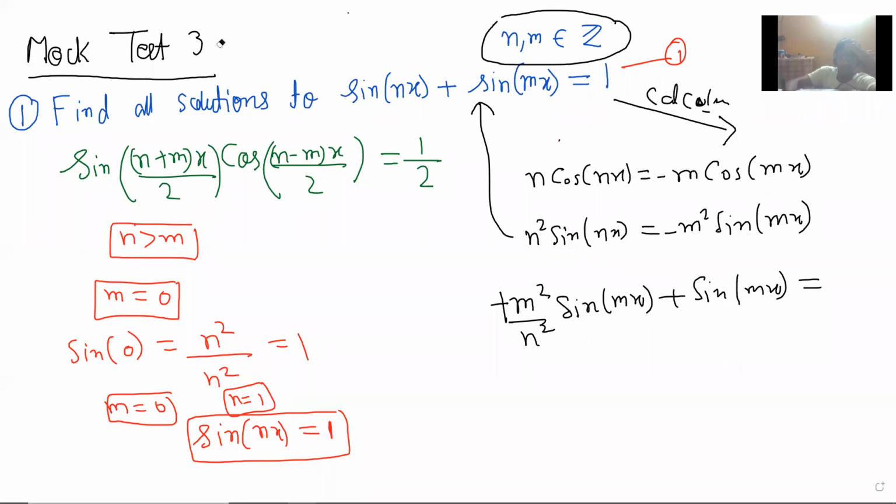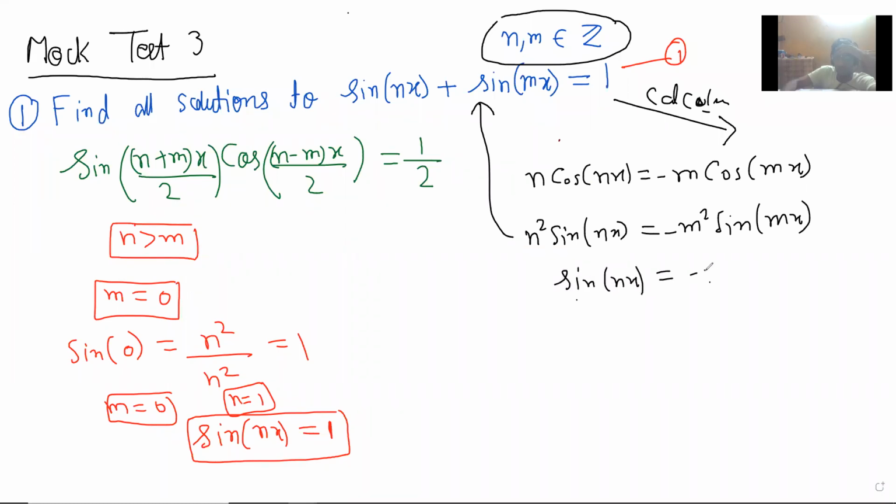No, wait. So why is it wrong? Wait, let's just remove this. So what I did is I substituted this one. No, yeah, same thing, but let me write it like this. Here I am using that n is not 0.